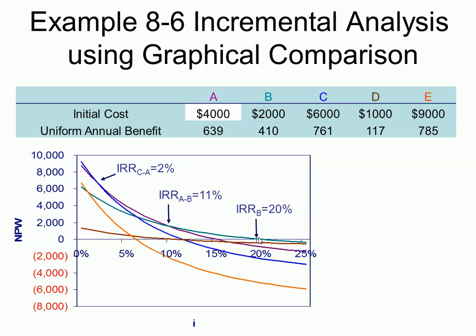And we would choose B compared to do nothing, right, because below do nothing, both of those, D and B, are below do nothing. So B is above, so that means that we choose B over do nothing.